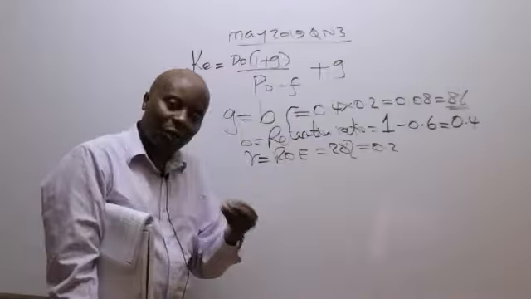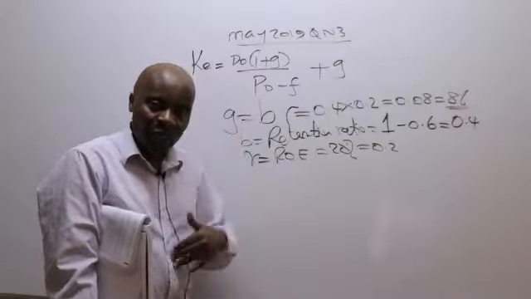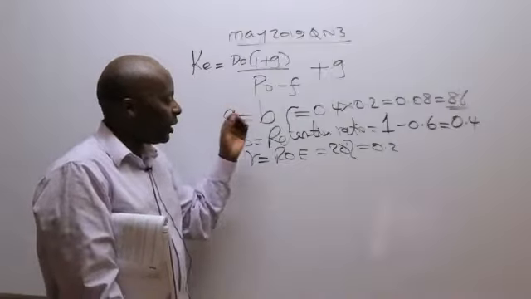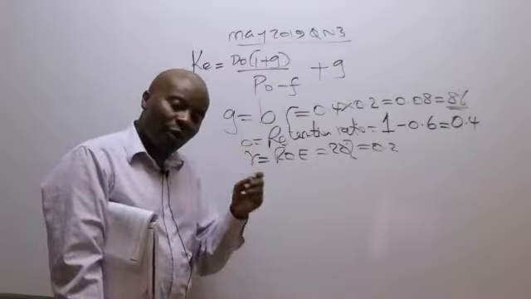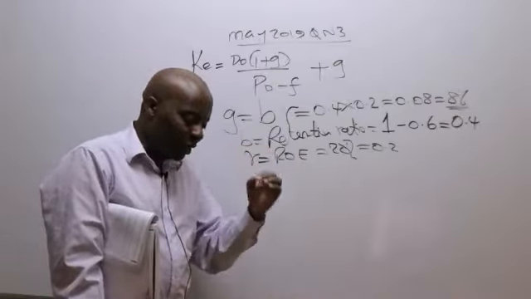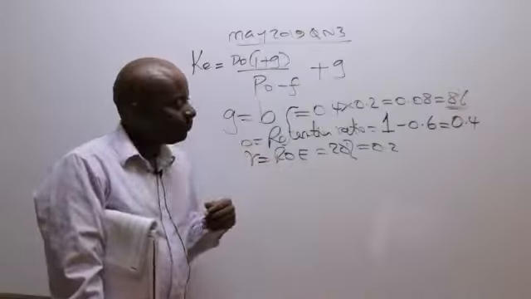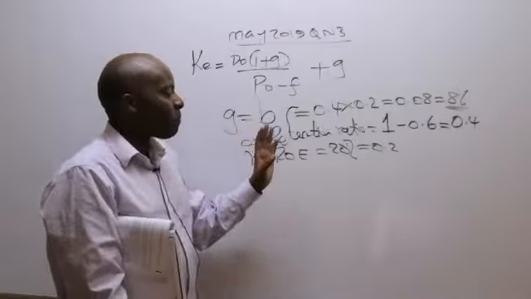Out of your salary, how much are you able to retain to go into your investments? Or does everything you get go to the stomach? No. So our g should be equal to the retention ratio multiplied by the return on equity, the return from the investments that we shall be putting these retained monies into.